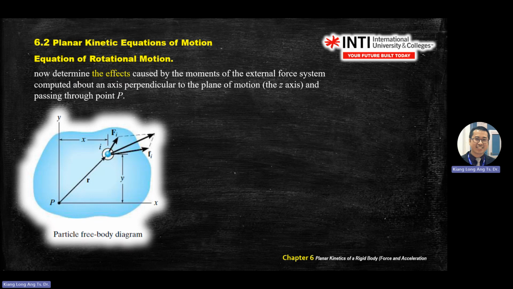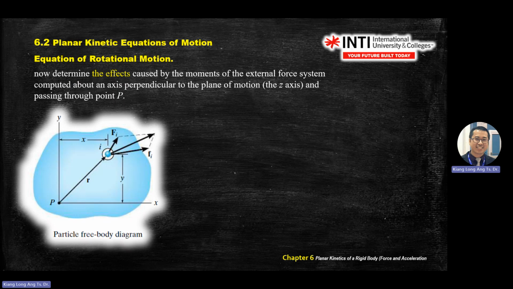Next, we will derive the equation of rotational motion. Let's say you have a body on the screen here. You have the x-axis, y-axis, the point of interest is P, and you're referring to one of the points on the body from P, which we label as i. The location you view from P to i is r, and there is an external force on this particular section area here.